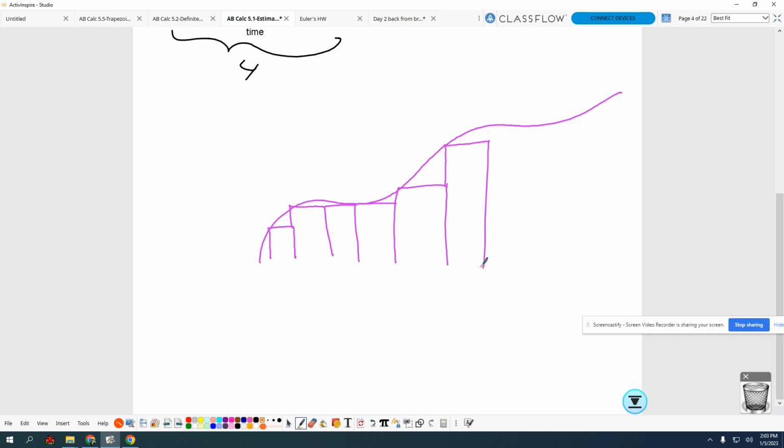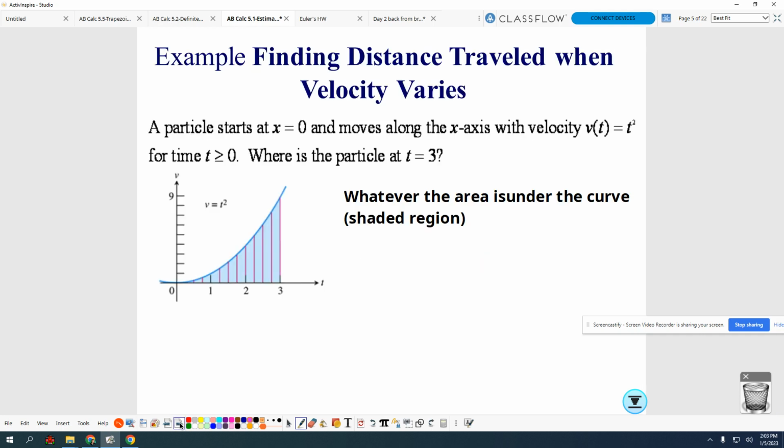Okay, moving on. When a student says that, you're right. I agree with you solidly.